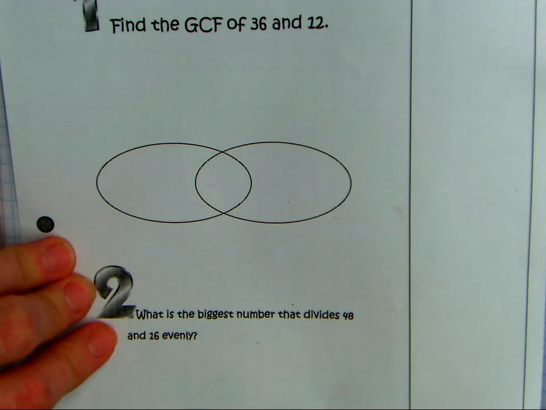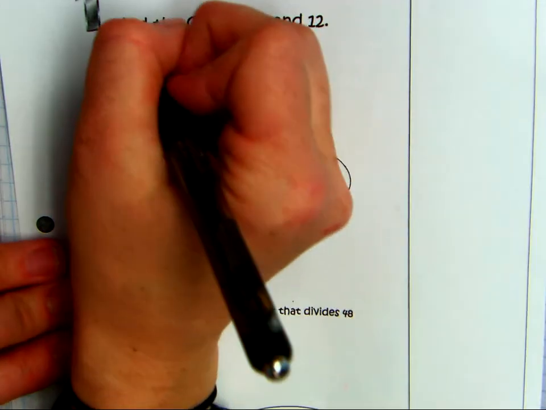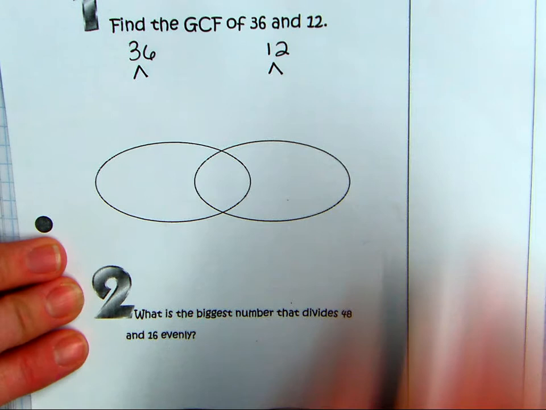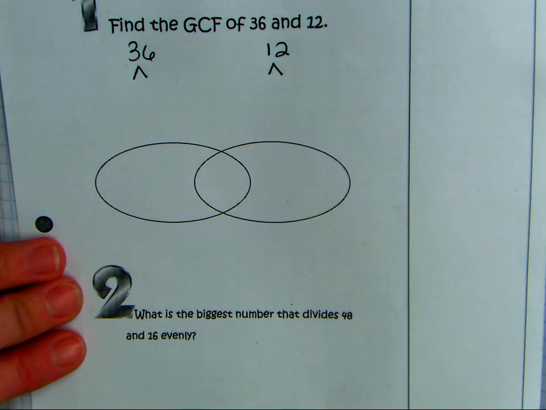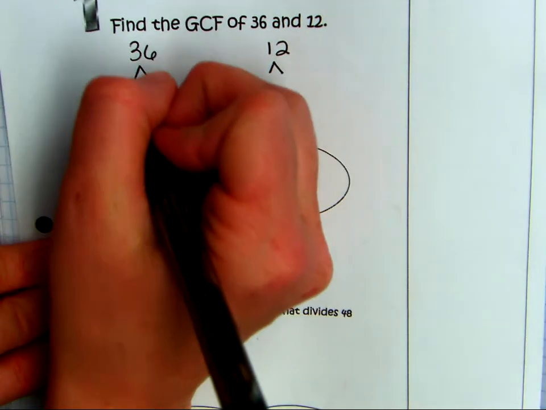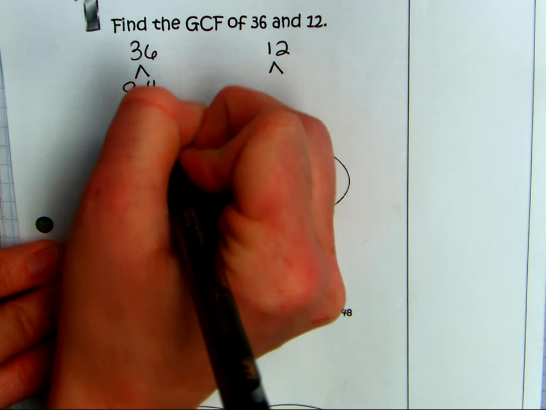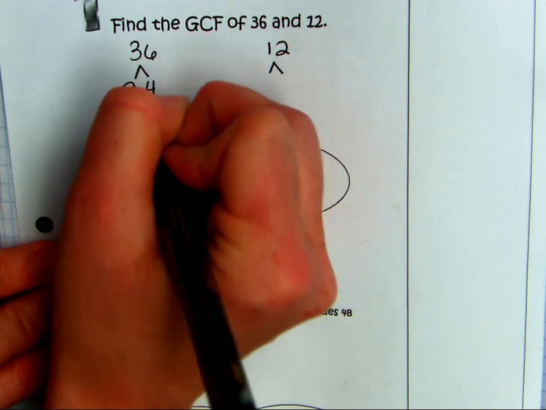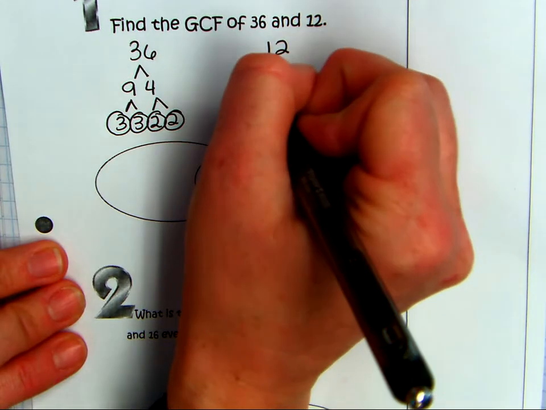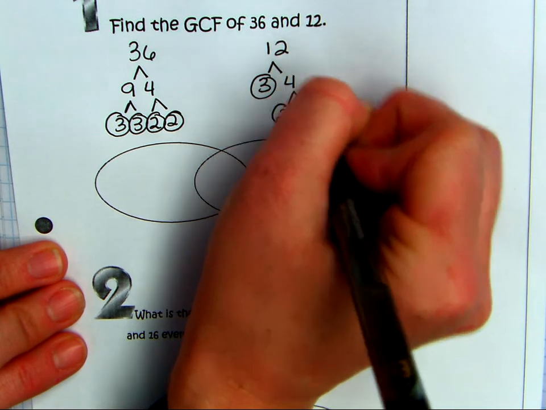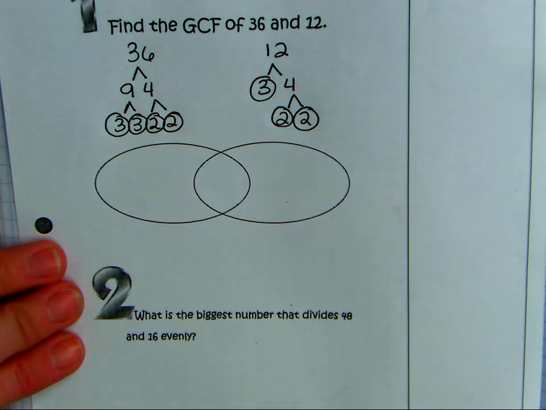Nick? Prime factorization. Prime factorization. So we're going to do 36 and 12, and we're going to find the factors for both. Go ahead and do that on your own. I hope yours matches mine.